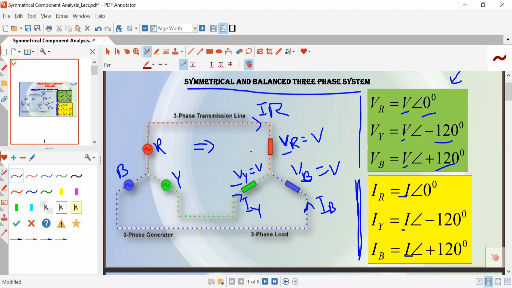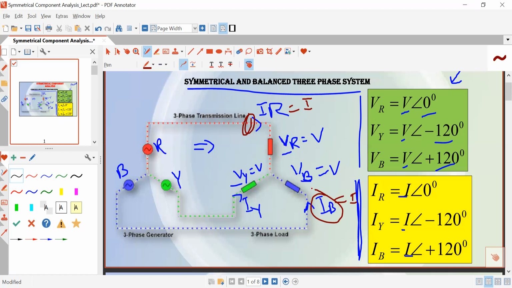There is no need to analyze all of these three phases, because if this current is I, then obviously this current will also be I. So if you know the value of phase current of phase R, then there is no need to calculate the value of phase current of phase B, because it is obvious if the system is symmetrical and balanced, then the current will be same, the voltage will be same, the power of each phase will be same. So there is no need to analyze all of the three phases. You can do the analysis on per phase basis if the system is symmetrical and balanced.